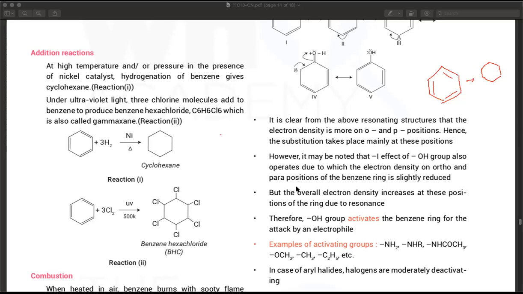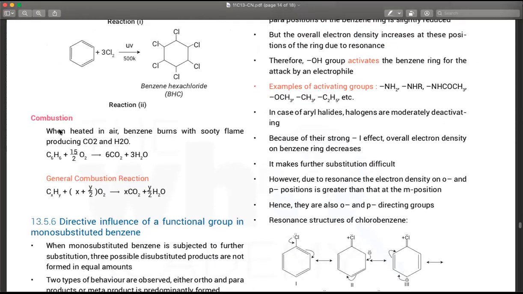So in benzene, does the same thing happen? It goes one by one, each Cl attached. Yes, it depends on how much light you have, how much chlorine you have, and the temperature. But the final product is benzene hexachloride under ultraviolet light and high temperature.